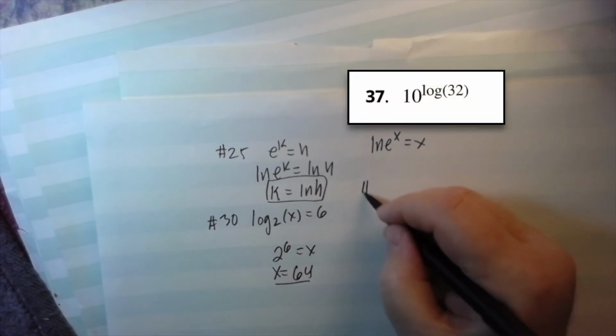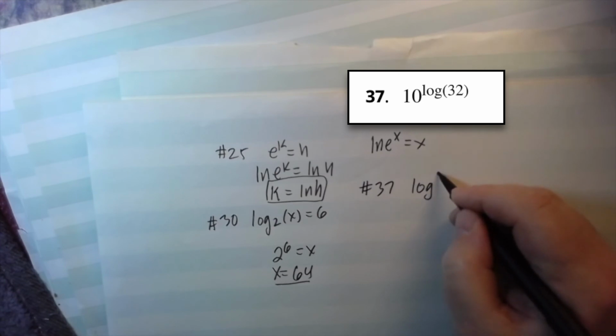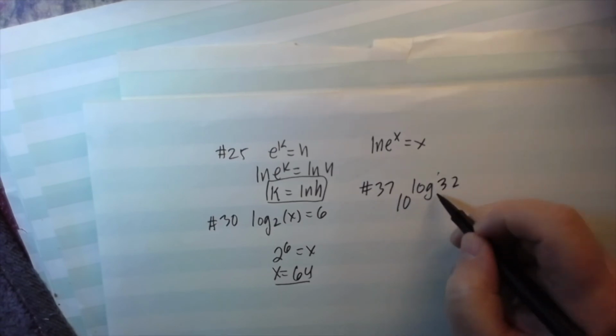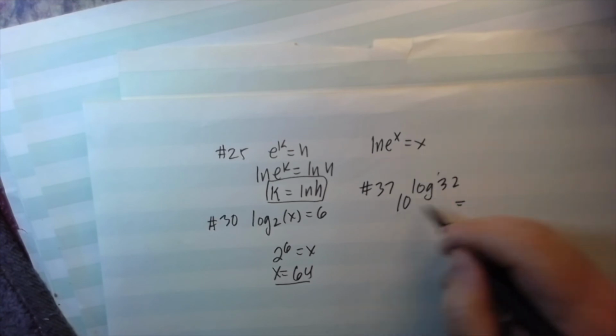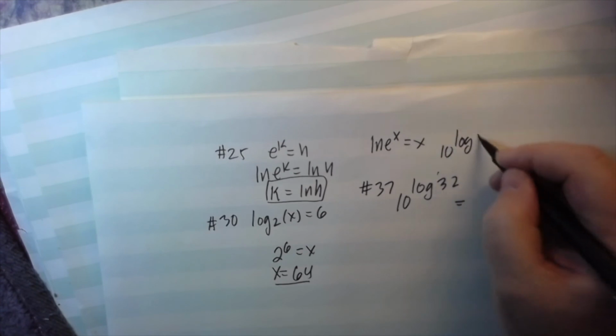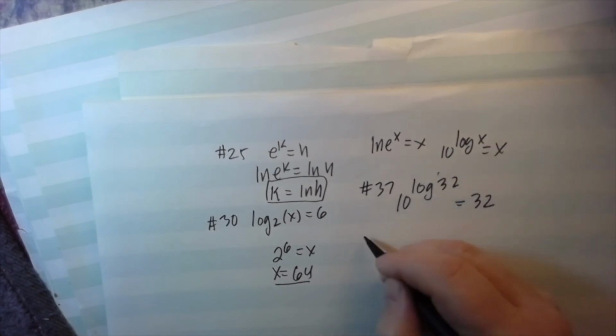If I do number 37, say, which is 10 to the log of 32, now this is a common log, which means these are inverses of each other. In other words, I know that 10 to the log of x is just x. So this is just 32.